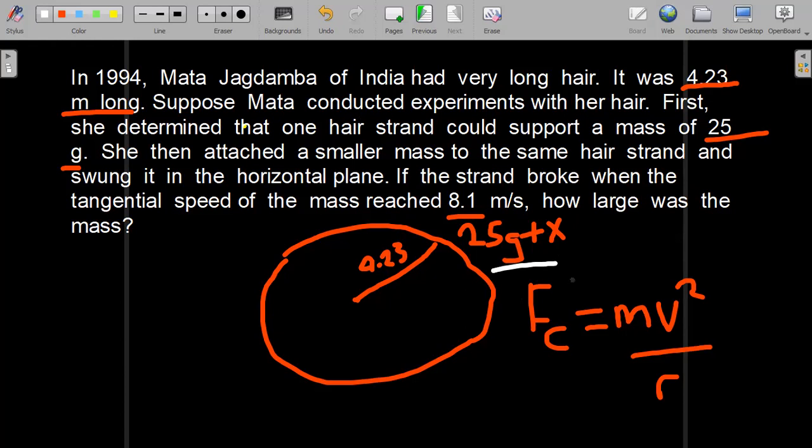Have you understood how I've collected this data? We have a mass of 25 grams, and we have the extra mass that we don't know. We need to determine the centripetal force. The centripetal force acting along the strand in this case was the tension. How do you calculate the tension?